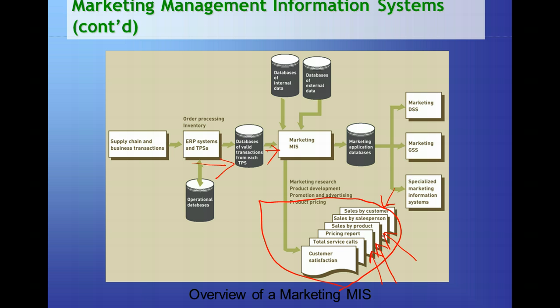So for a particular price that we assign to a product, what is the revenue, and also monitoring customer feedback, the service calls and issues that they have informed us about, and overall customer satisfaction, how satisfied they are with our products or services. So the marketing MIS helps us to monitor all this, which is very important to maintain a good reputation of the company brand, as well as confidence in our products and services.